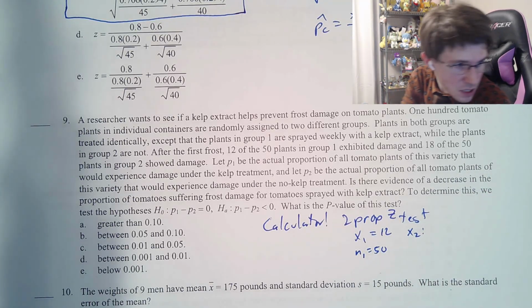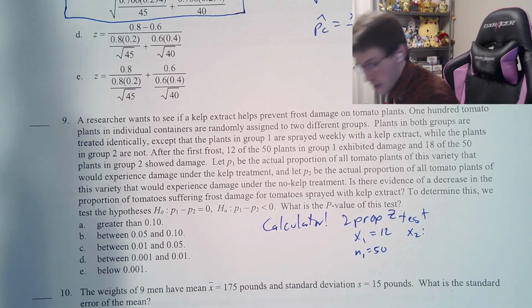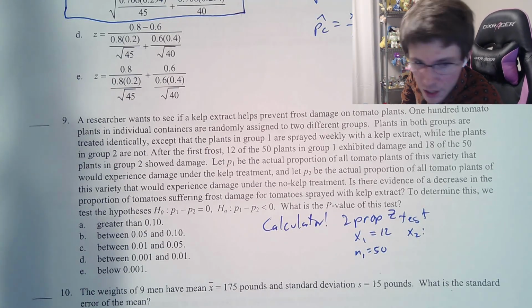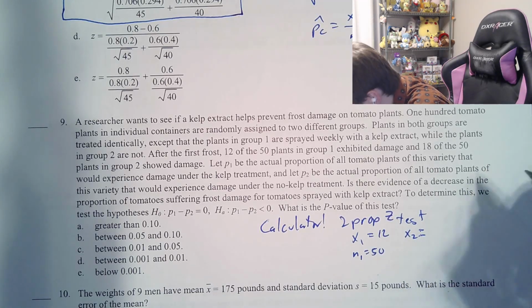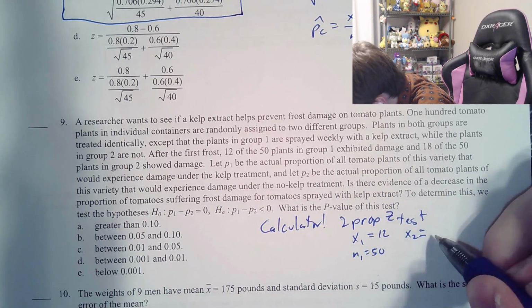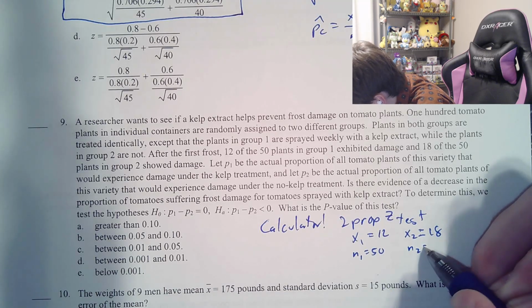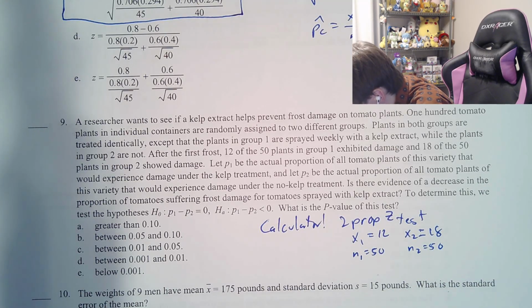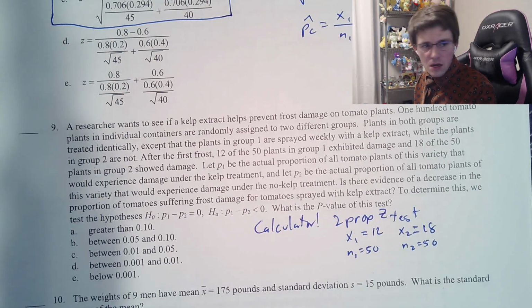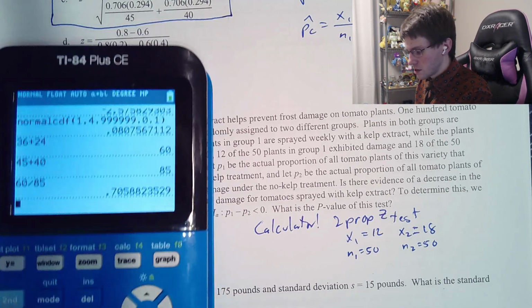Our X2 here is equal to 18. N2 is still equal to 50. And we want to see the 2 prop Z test on our calculator.